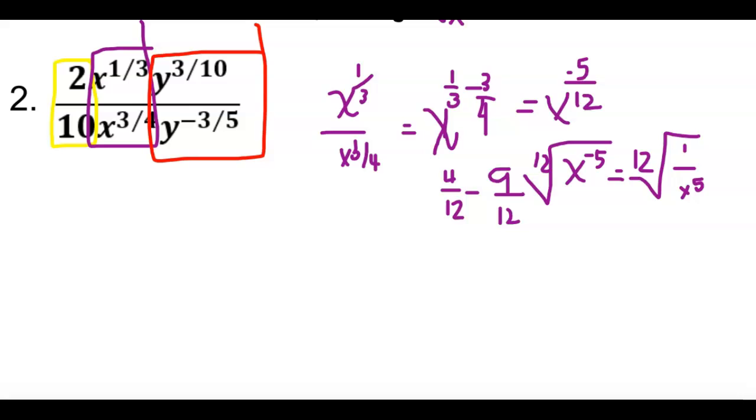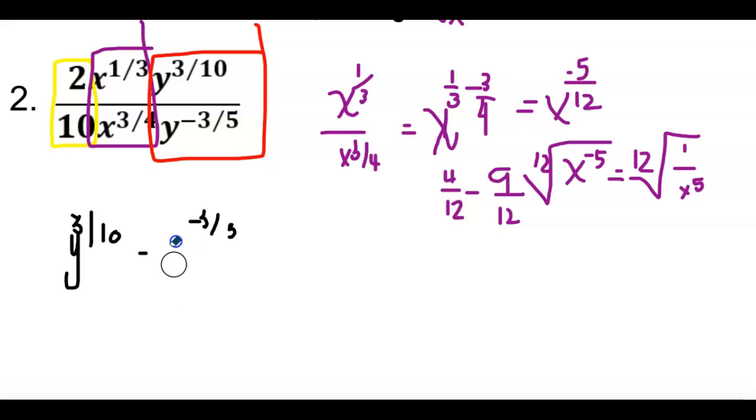So I'm going to use black this time. So we'd get y to the 3/10 minus y to the -3/5. I didn't have to write that y there, that's not supposed to be there.